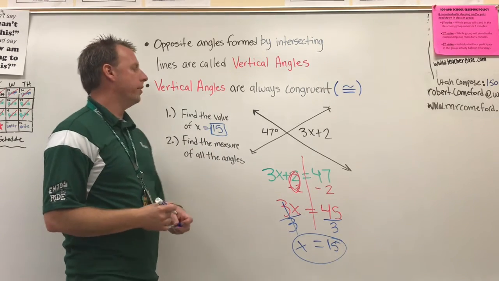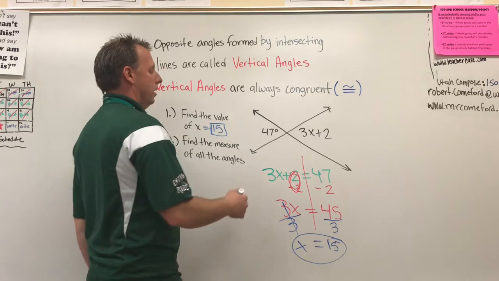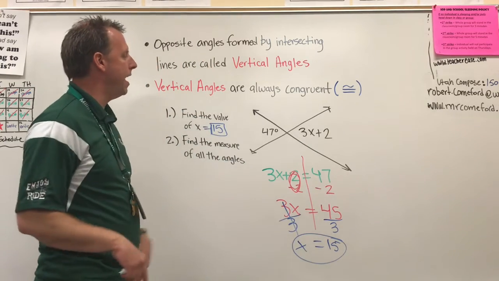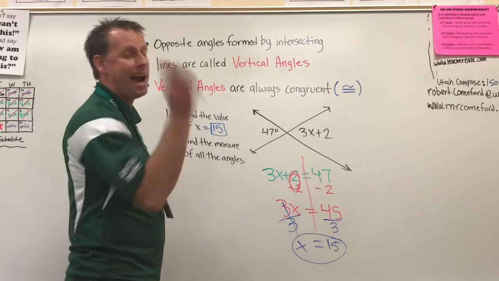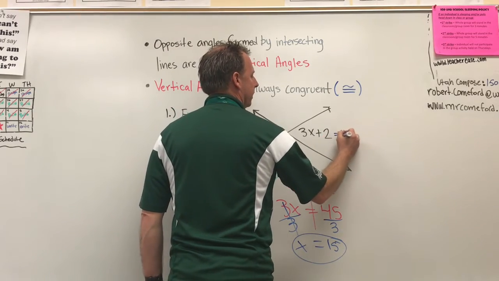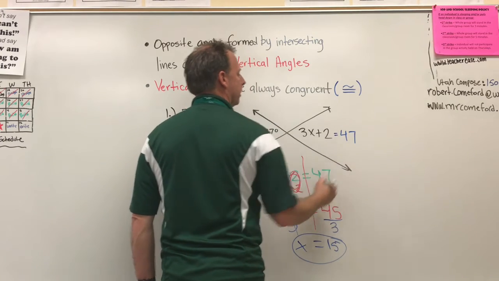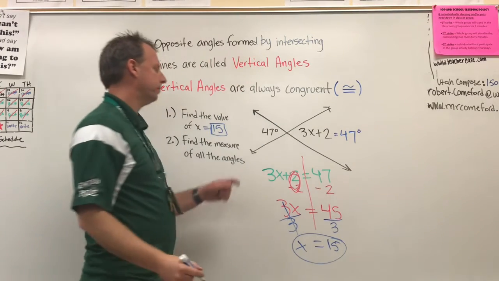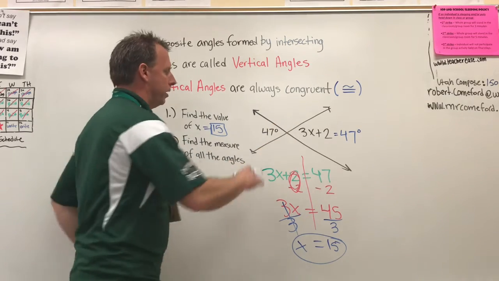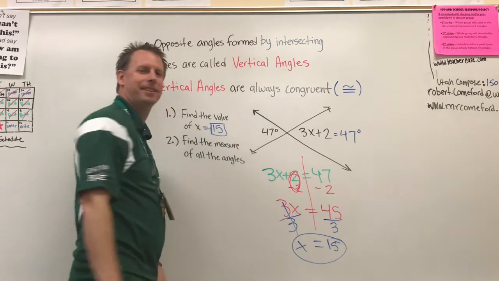Find the measure of all the angles. Well, if I plug 15 in for x, I get 3 times 15 is 45, plus 2 is 47. Great, I already knew that was 47, right? So the angle again here is 47 degrees. And then I can solve for these because remember, straight lines, right?